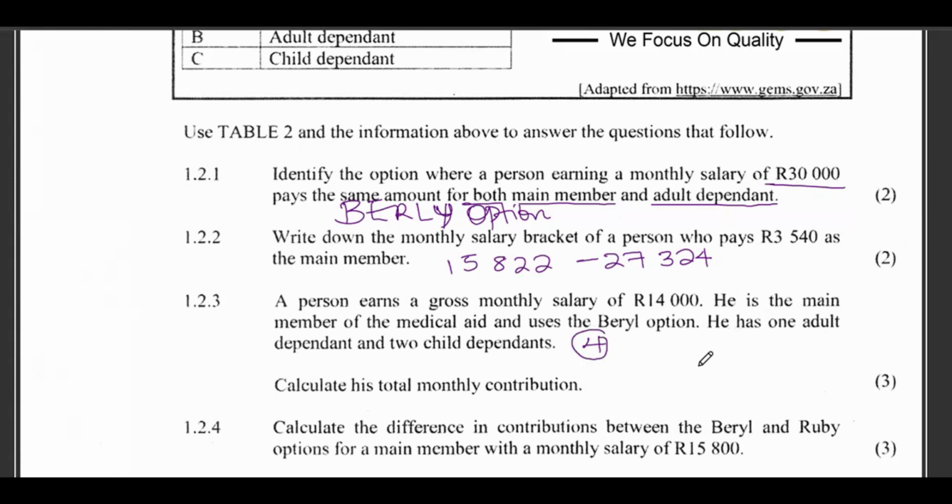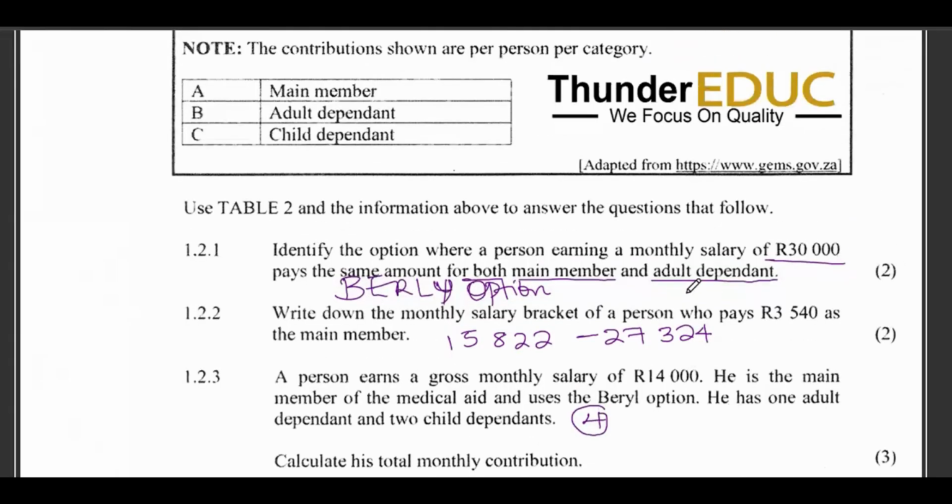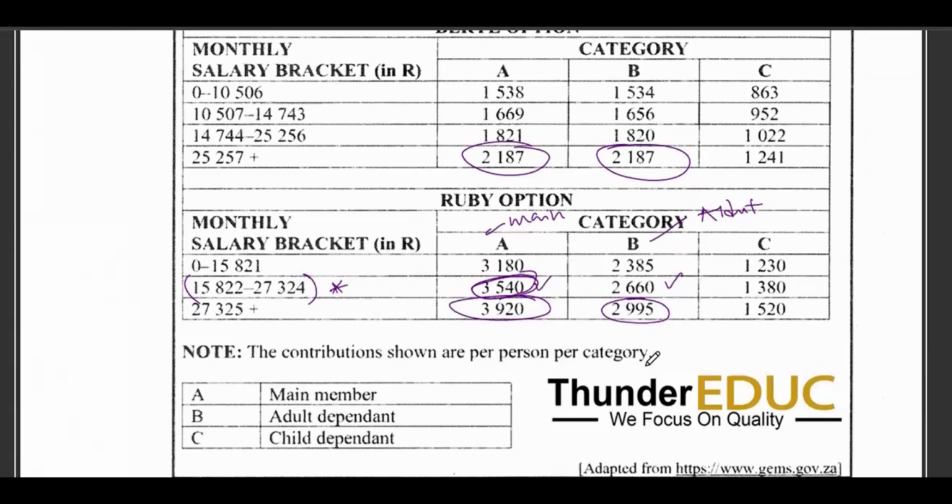So as the person earns 14,000 using the first option, we shall come here, 14,000. The bracket is this one here. So the first person is going to pay this much. The second person is paying that much plus this times 2. Why have we chosen this? Because the person earns this much per month.